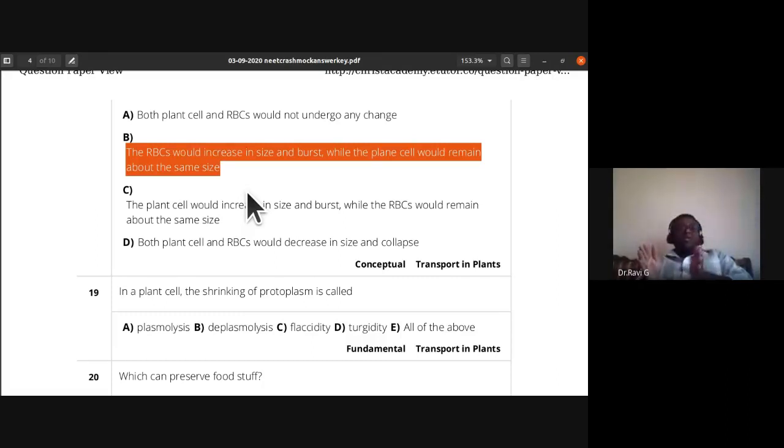So they help in maintaining the shape of the cell. But RBCs do not have the cell wall, they just have cell membrane. So they increase in size and burst whenever they are placed in distilled water, which is pure water. So the plant cell would remain about the same size because of the cell wall.